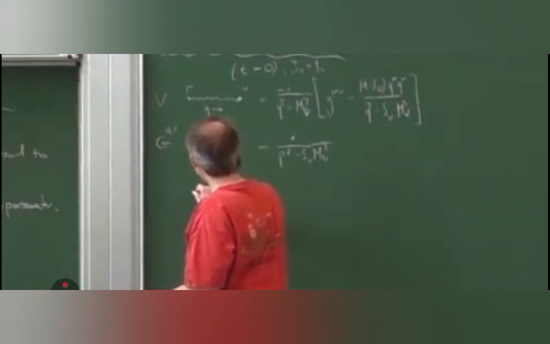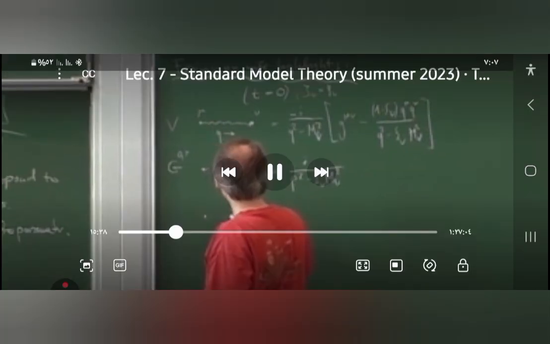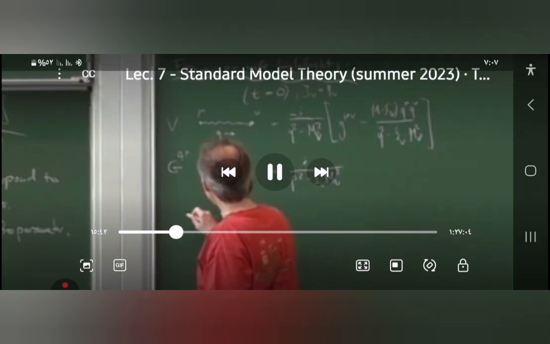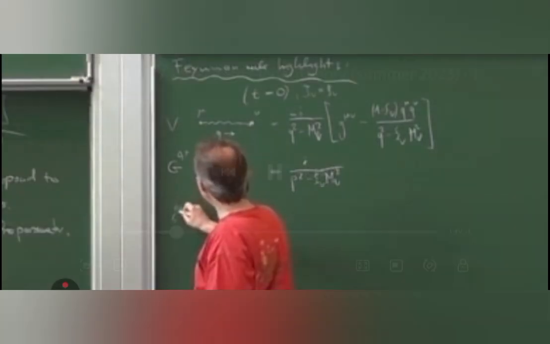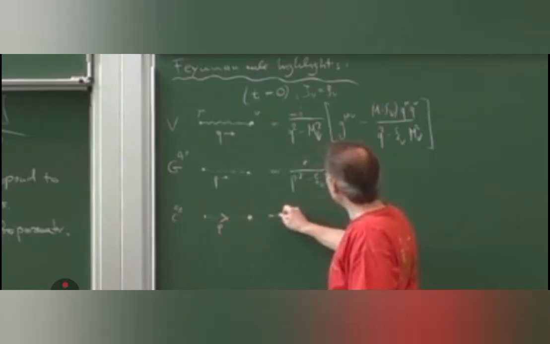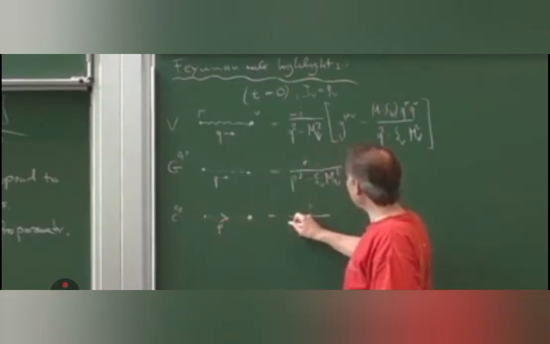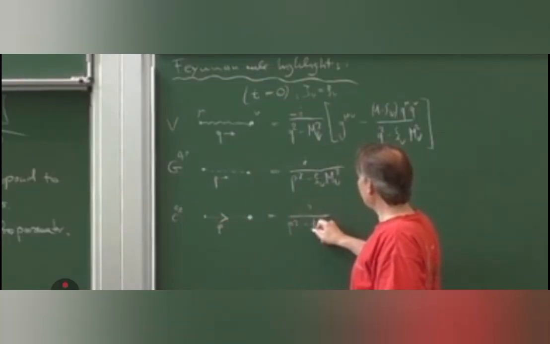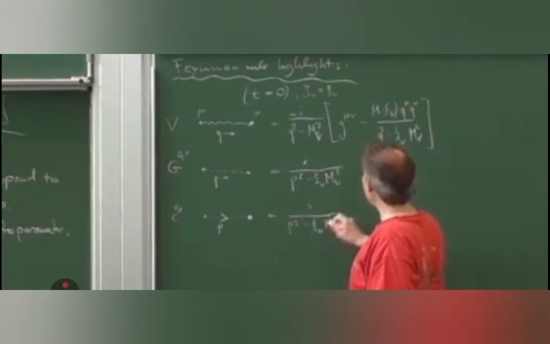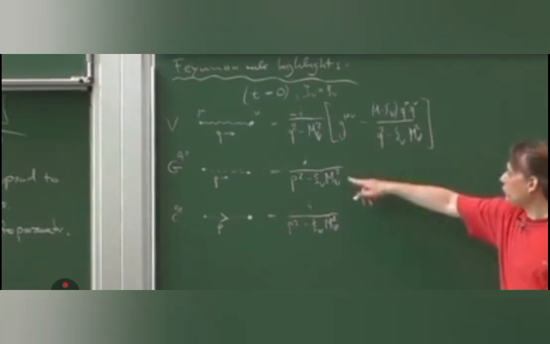Then there are ghosts. They have Faddeev-Popov ghost, c0 or plus minus propagators. They have the same value, i divided by p squared minus xi_V times m_V squared. So again, the poles of the ghosts are located at the same position.